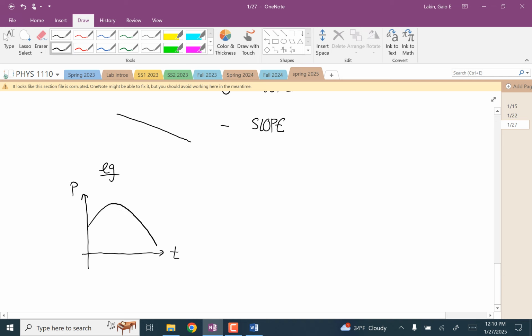Let's say there are 3 points we're going to think about, A, B, and C, 3 different instants. And the question is, what direction is the object moving at A, B, and C?